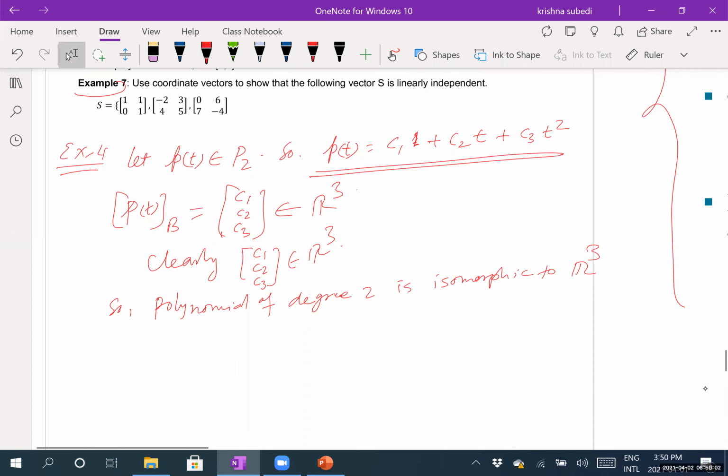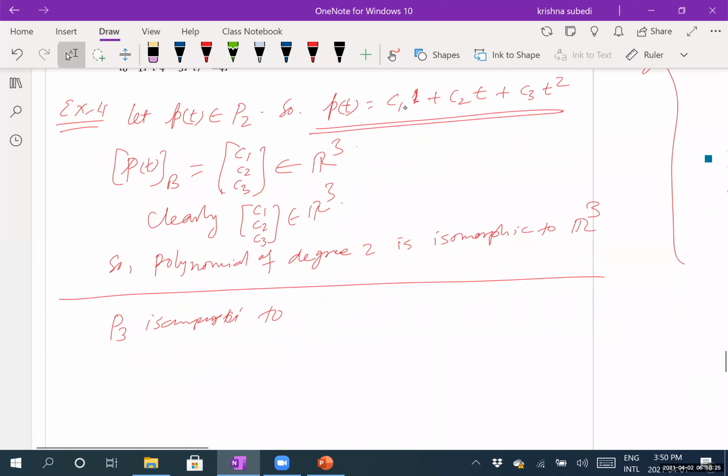In the same manner, if you are asked to prove that polynomial of degree 3 is isomorphic to what? Can somebody tell me? P3 means the standard object for P3.